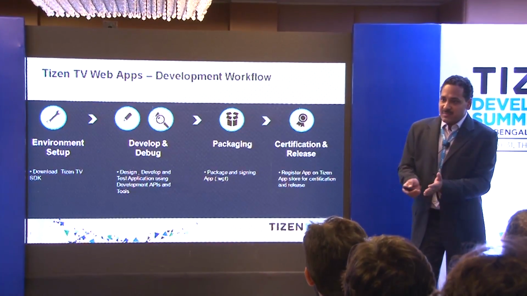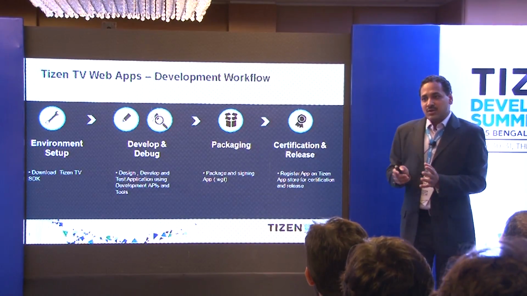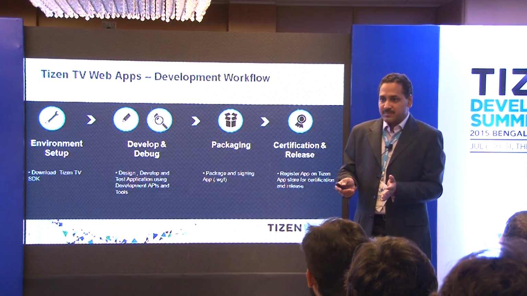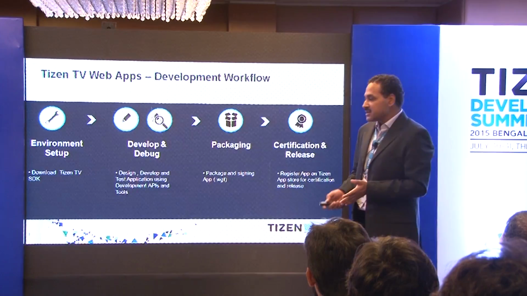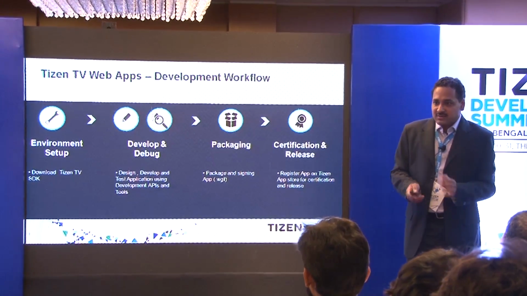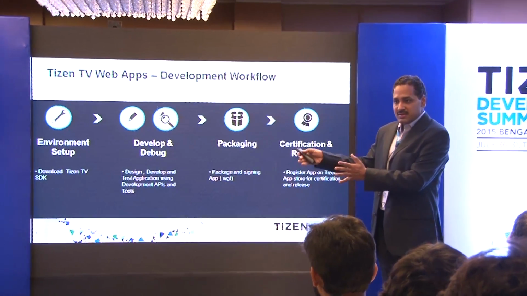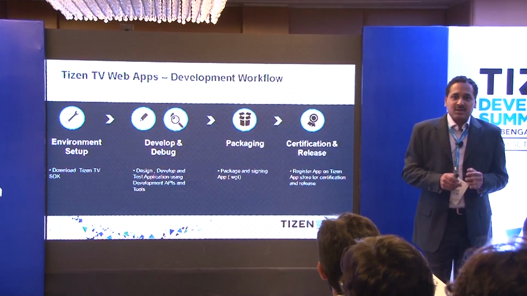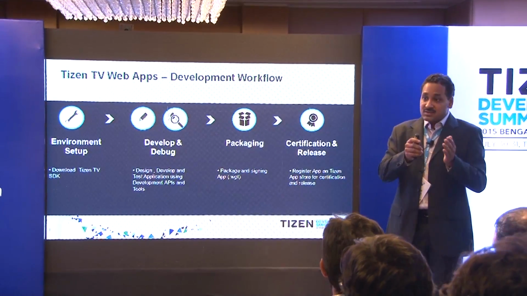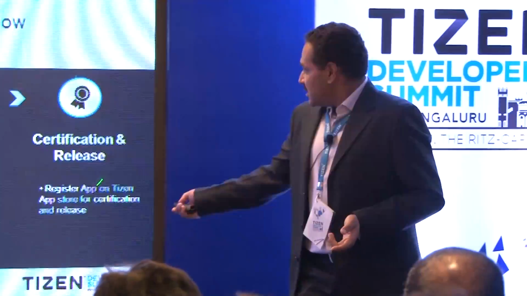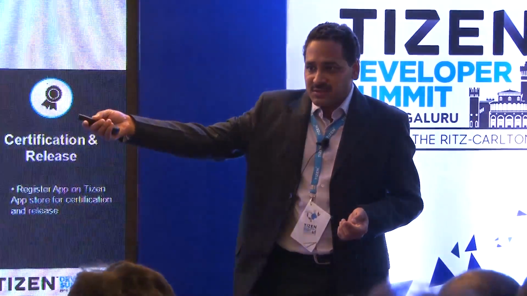Now once you have developed that application, you have to package and authenticate your application, and that authentication and packaging comes out to be a WGT file. So this can also be done by Tizen TV SDK. Once you have packaged your application, now your application needs to be certified. So for certification, you need to register your application to Samsung App Store.